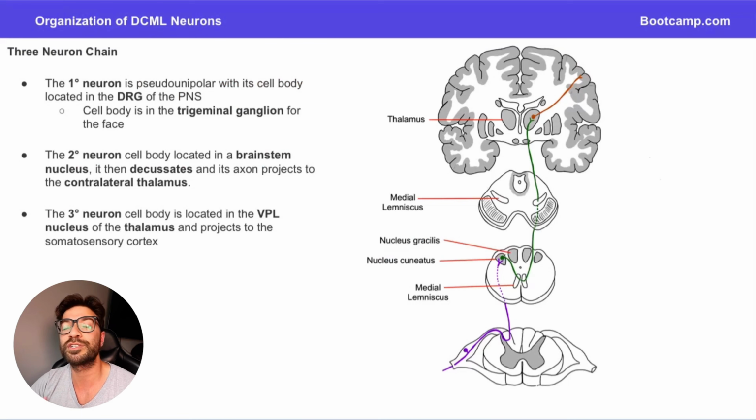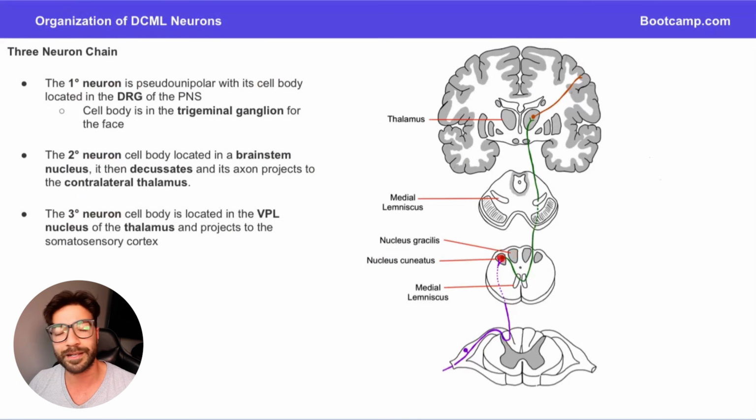So like we previously mentioned, the dorsal column is organized by three neurons. We have a first order, second order, and third order neuron. The first order neuron is the one in the peripheral nervous system actually picking up the sensation. It travels through the dorsal column, where it's going to go up to the medulla and synapse on the second order neuron in either the nucleus gracilis or the nucleus cuneatus.